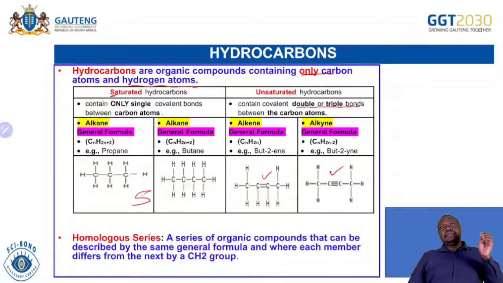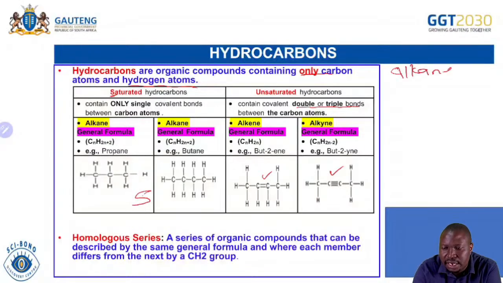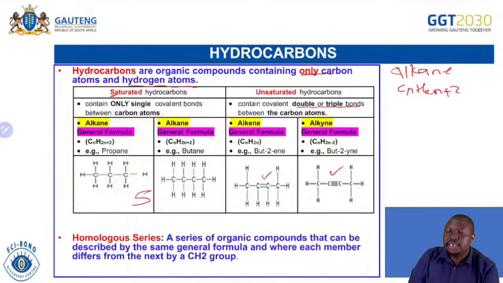The other very important thing as we start with question 2, in the order that you structure your revision, is that you must first be able to look at what we refer to as the general formula.